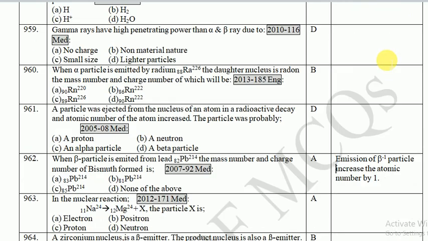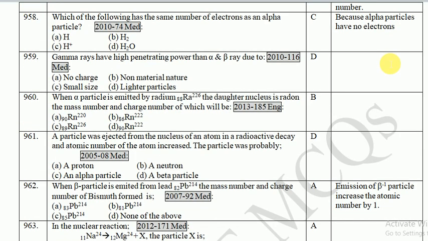Now the next MCQ is, which one of the following has the same number of electrons as an alpha particle? So option B is hydrogen, option D is water, and option A is hydrogen. So remove options A, B, D from the choices, because what is an alpha particle?